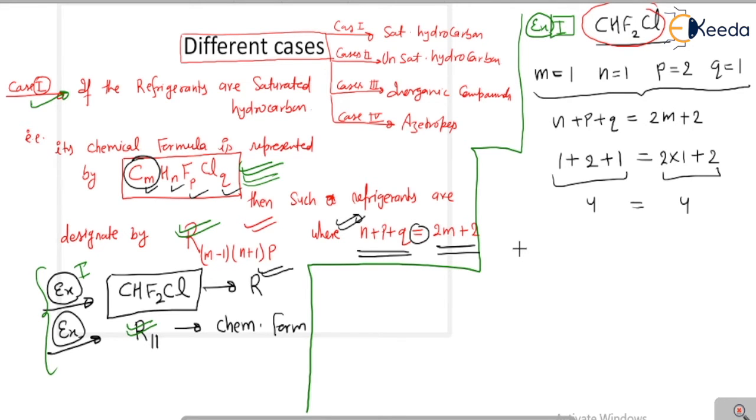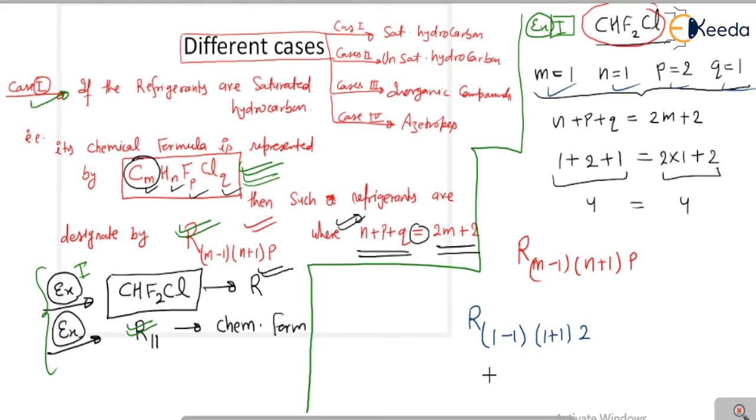First of all, let's write R(m minus 1)(n plus 1)(p). Now let's put in the values of m, n, and p. R in brackets: the value of m is 1 minus 1, the value of n is 1 plus 1, and the value of p is 2.